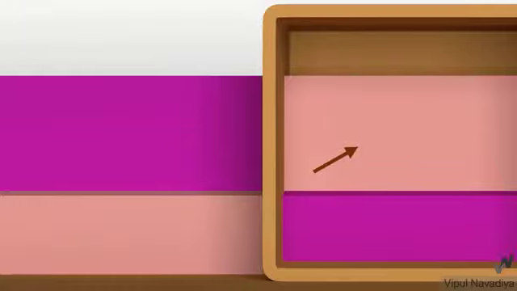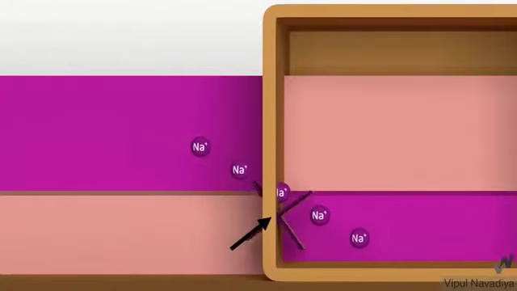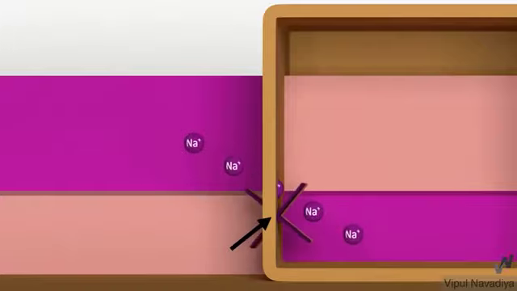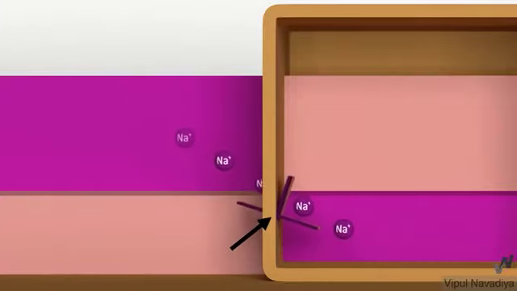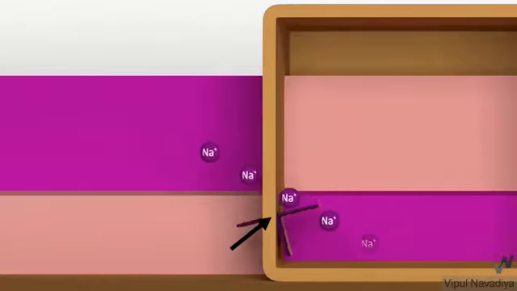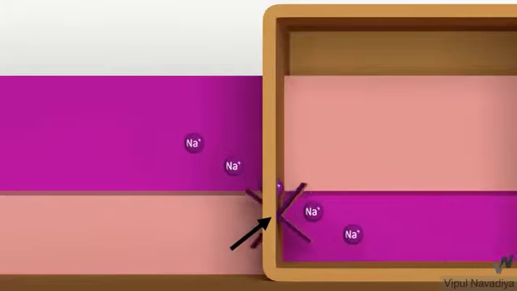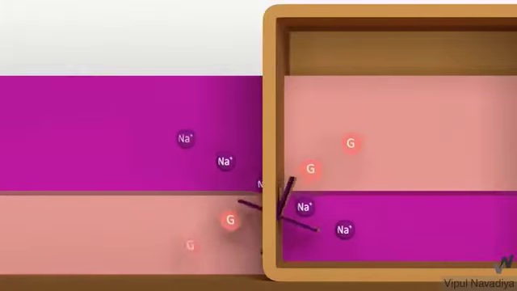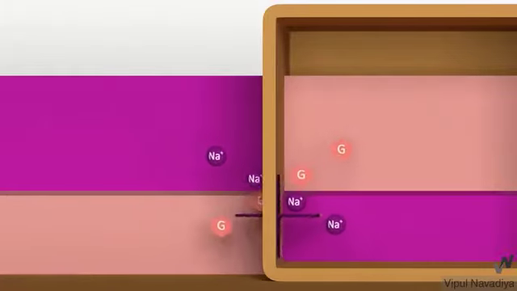This passage is facilitated by the passage of sodium with the chemical gradient from the extracellular high concentration to the intracellular low concentration. So this allows the passage of glucose from the extracellular to the intracellular space against its electrochemical gradient.